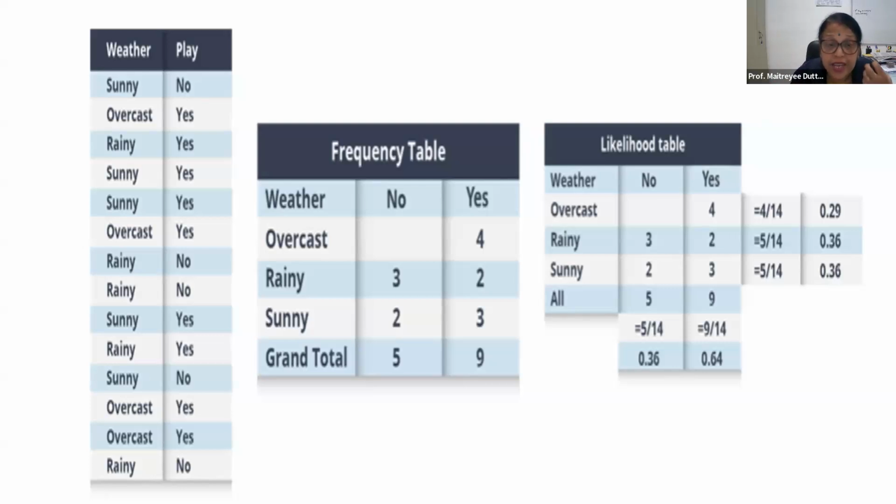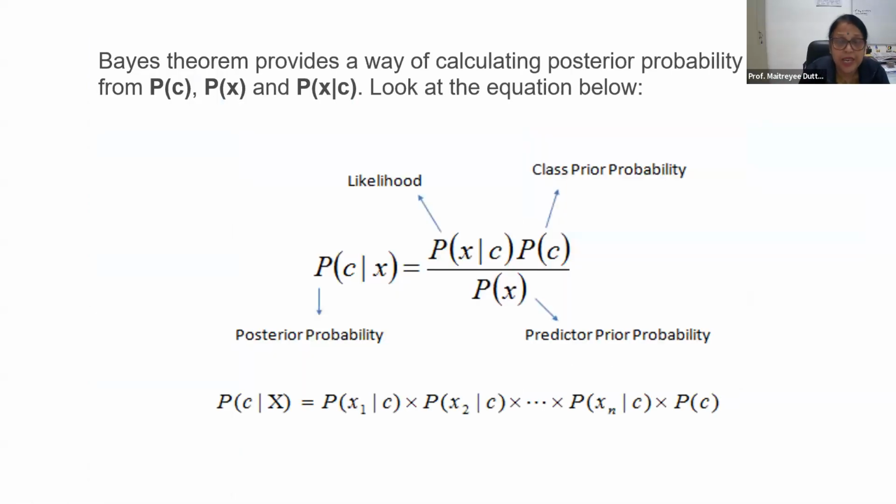So if it is a rainy weather, that means your X is rainy. You can play, that means your class is yes. That means here, when I calculate, my C will be yes, X will be rainy. So this means the conditional probability. You are finding the conditional probability of a class depending on the input variable.